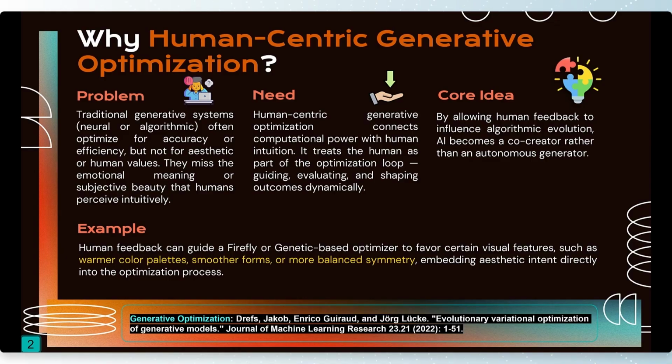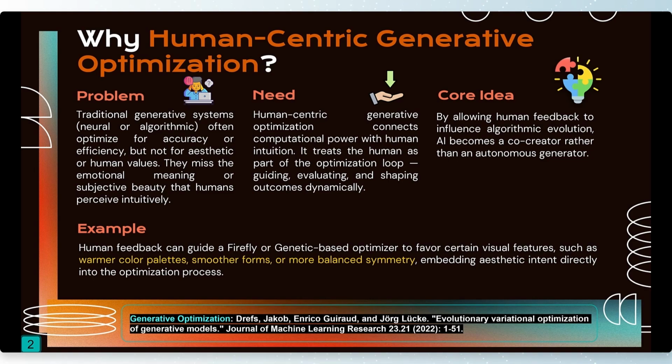What is the need? Human-centric generative optimization connects computational power with human intuition. It treats the human as part of the optimization loop, guiding, evaluating, and shaping outcomes dynamically. What is the core idea here?